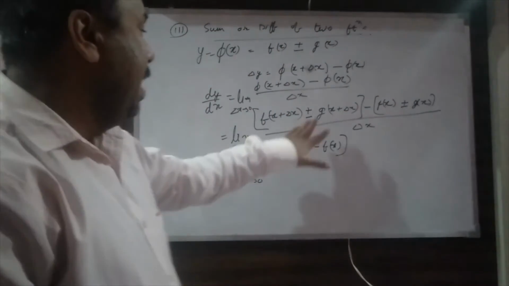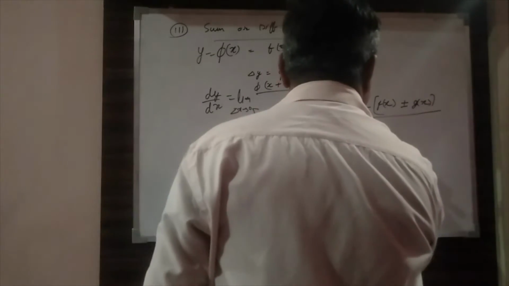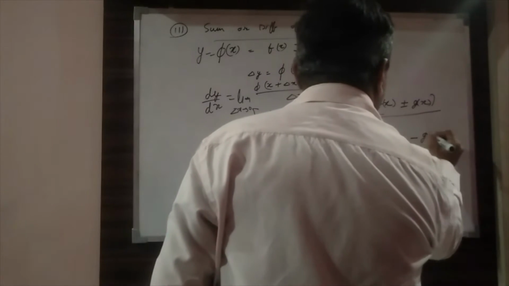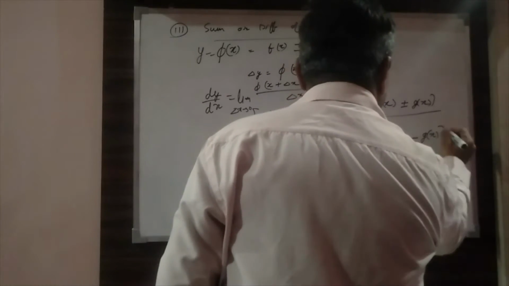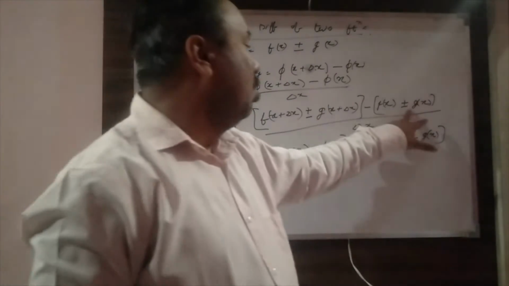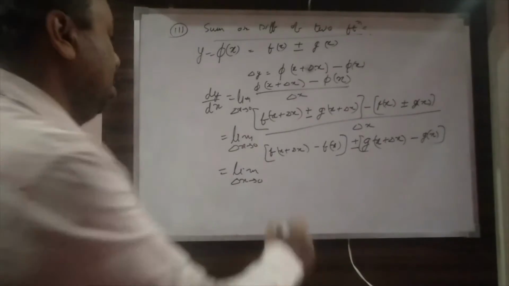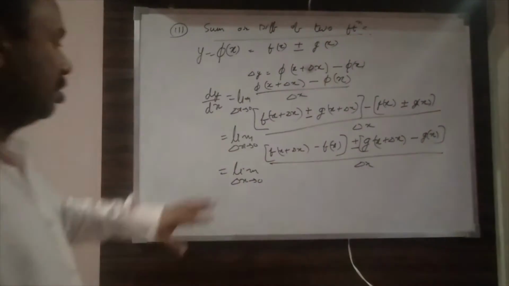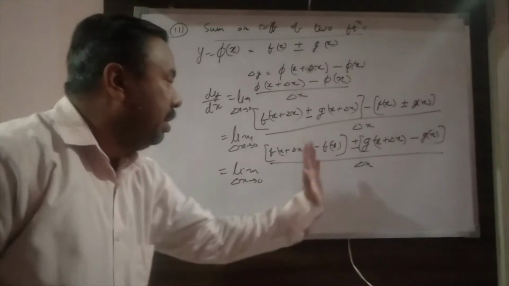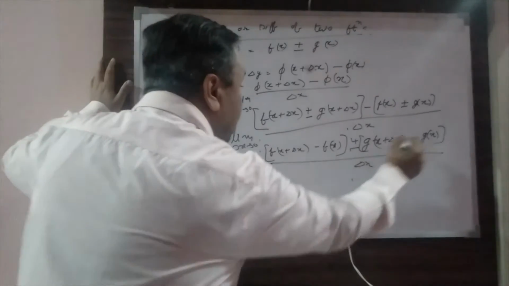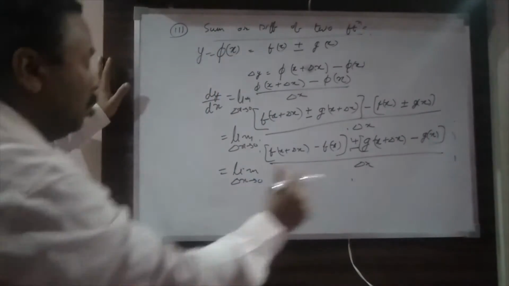Okay, and if I take plus or minus to this, plus or minus g(x + Δx) − g(x), it can be written like this because this plus or minus will go onto this point, and then this is divided by Δx. Now just take these two, and it can be divided into two parts.